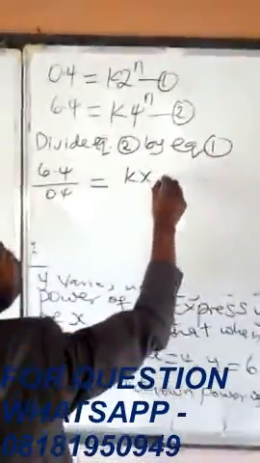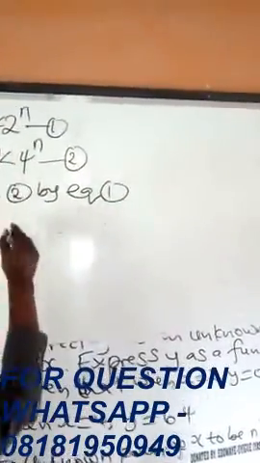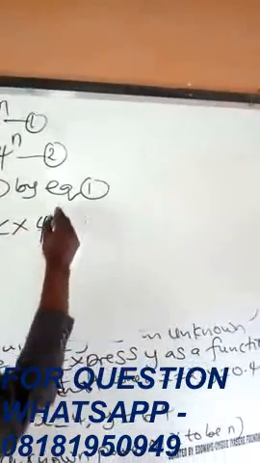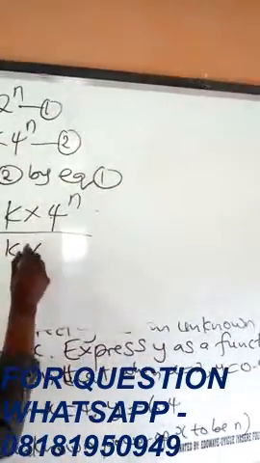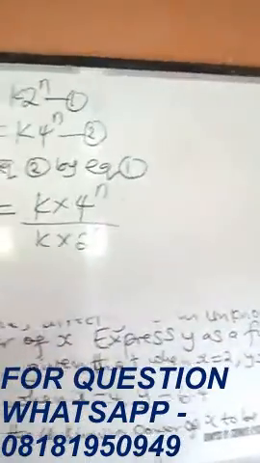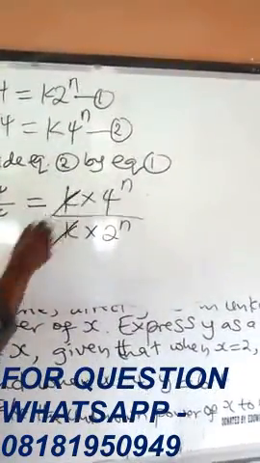k times 2 raised to power n. No, k times 4 raised to power n over equation 1, which is k times 2 raised to power n. Are you following, students? You can see that k has cancelled k.